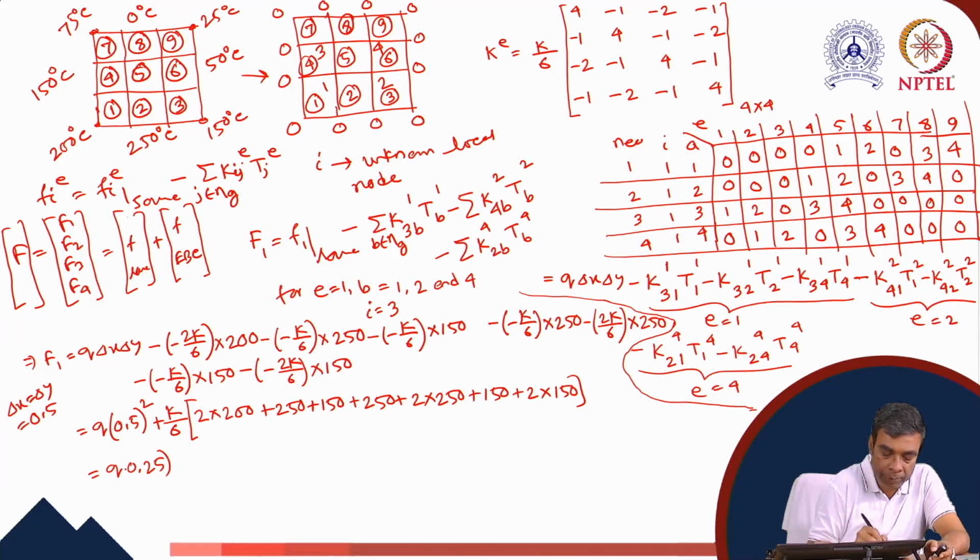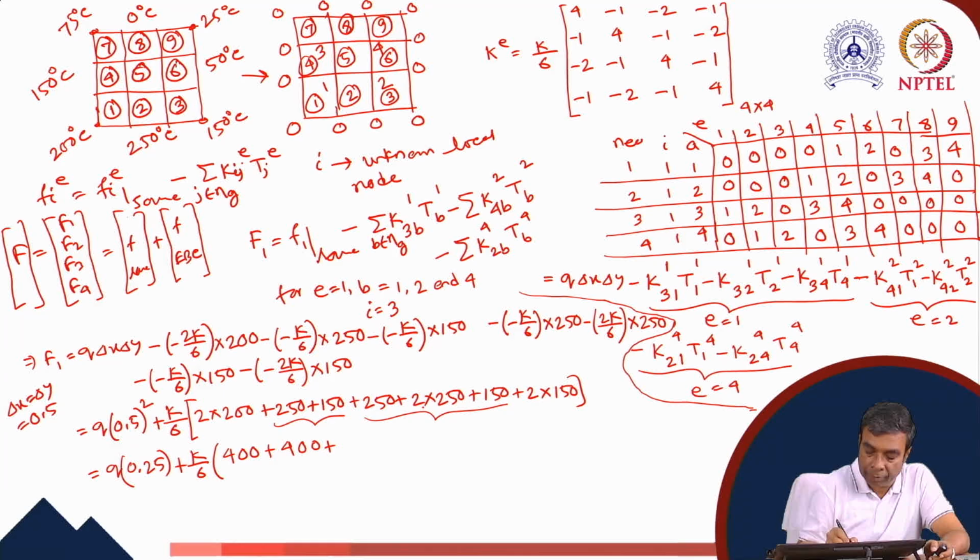0.25 plus k by 6 into 400, 500, 750 and 150 is 900, plus 300.